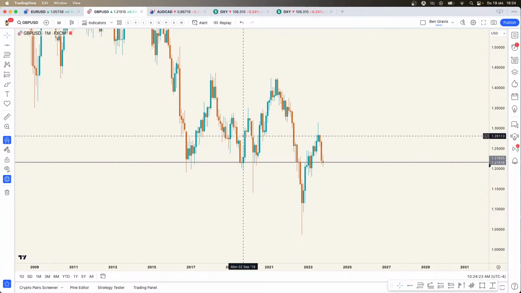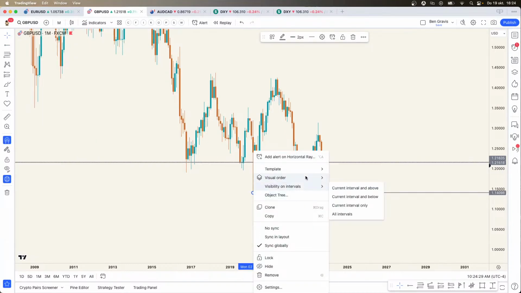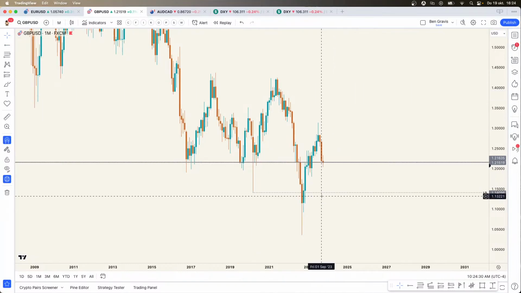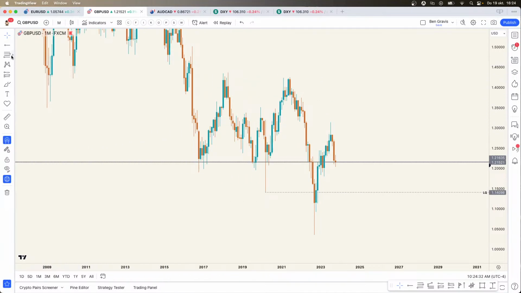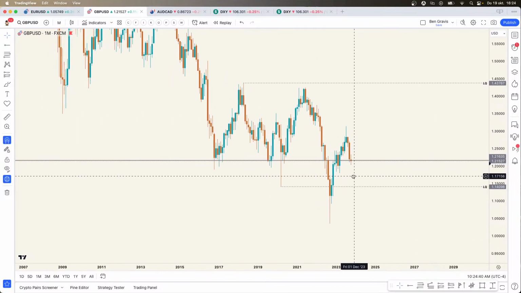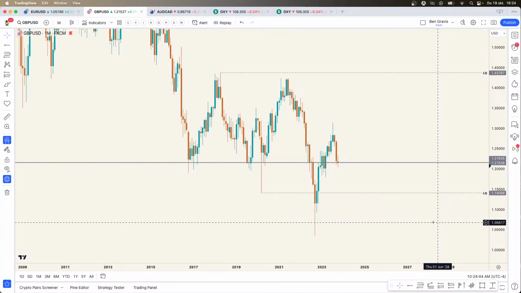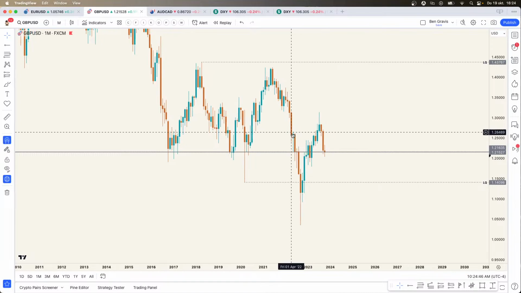So now on to the monthly chart. We took this liquidity, so this is the external liquidity. So eventually we are seeking this equal highs, I would say. But for now, we went straight into this fair value gap above these highs.